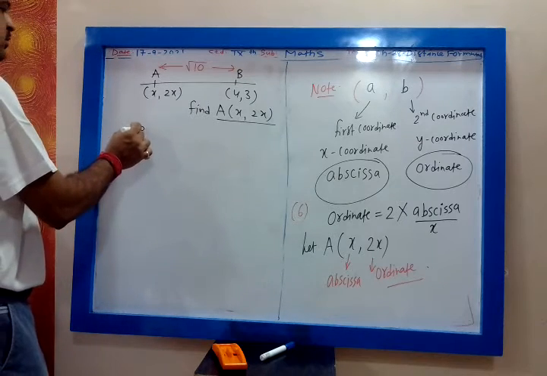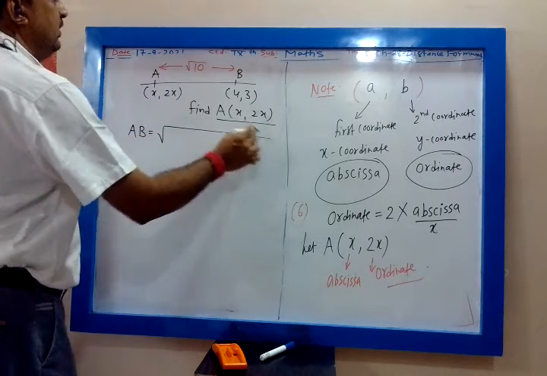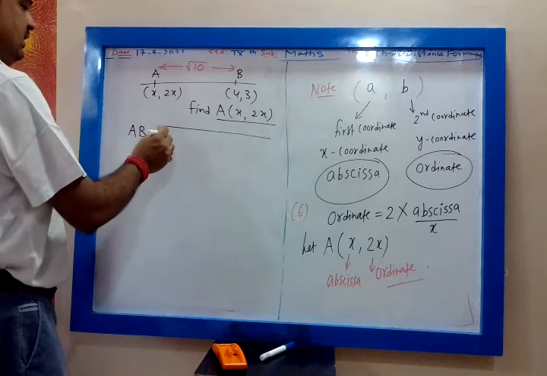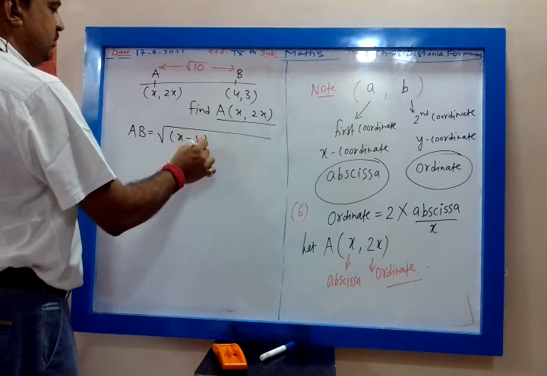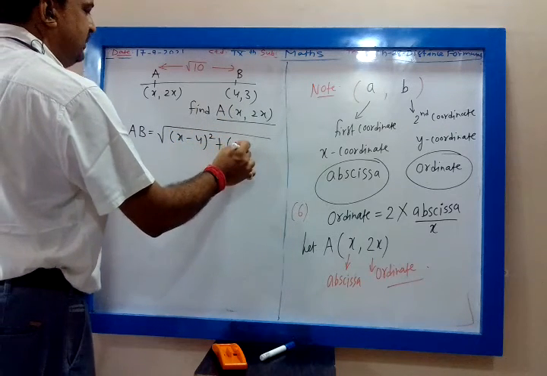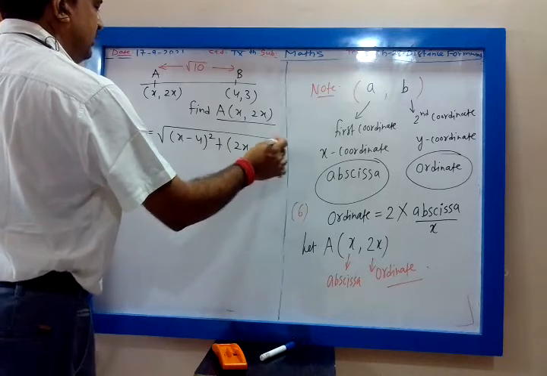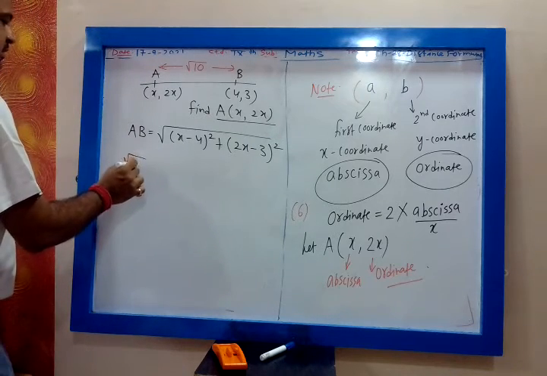AB is equal to the square root of (x1 minus x2) whole square plus (y1 minus y2) whole square. So AB is root of (x minus 4) whole square plus (2x minus 3) whole square. AB is given as root 10.